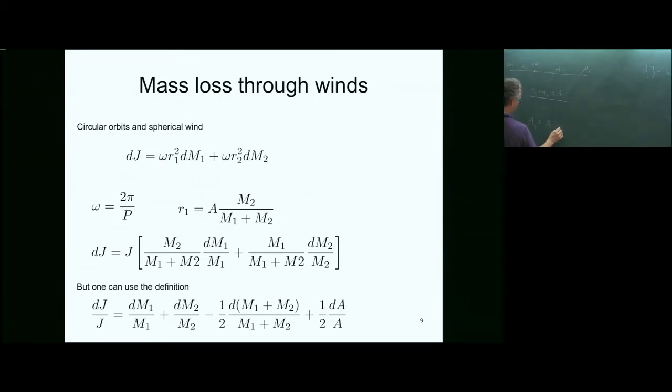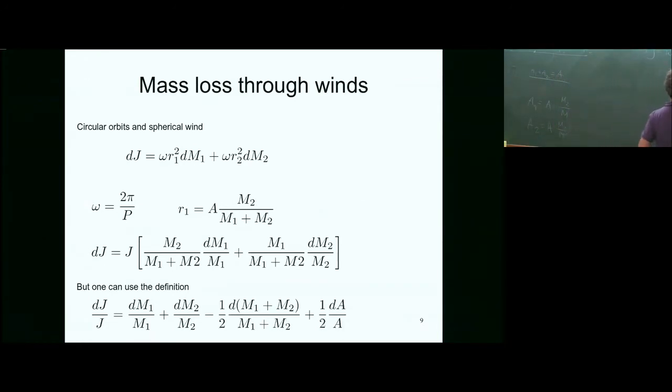A1 is A times m2 over m, where m is the sum of masses, and A2 is A times m1 over m.